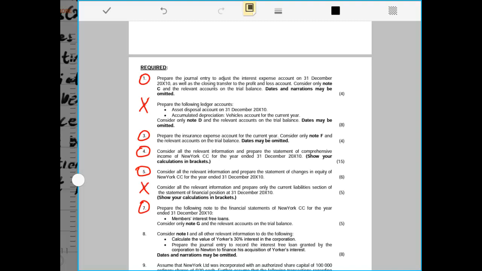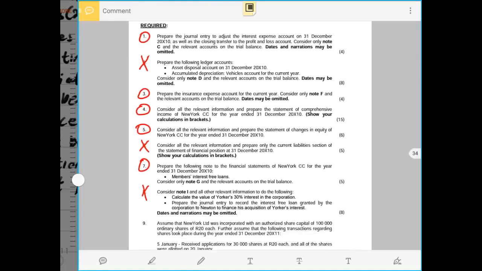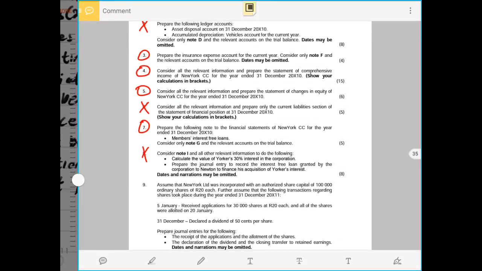Consider note number 1 and all the relevant information to do the following: calculate the value of your car's 30% interest in the corporation. That one is not much important. Then after, we have number 9 that says assume that New York has incorporated with an authorized share capital. That will be at your second year level.